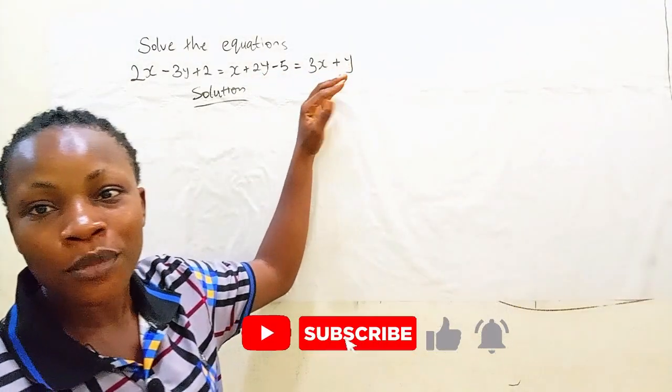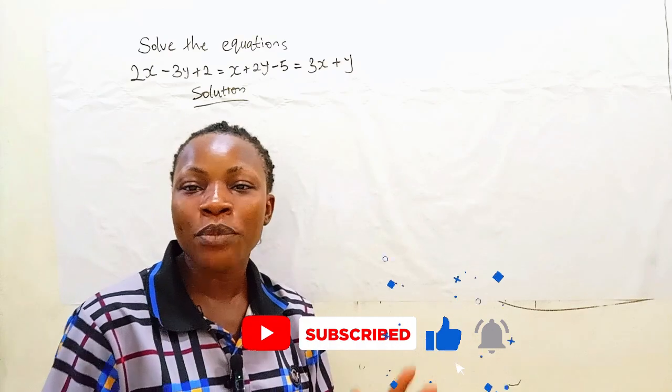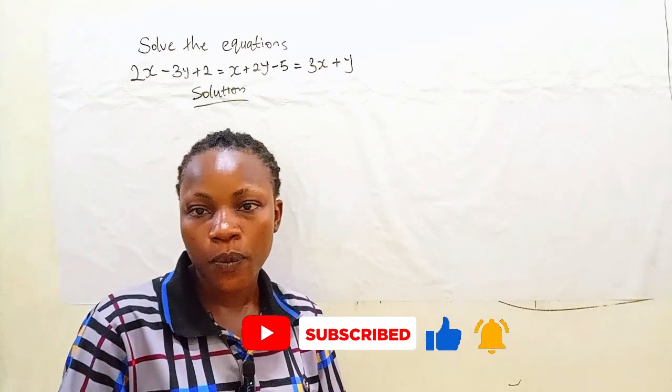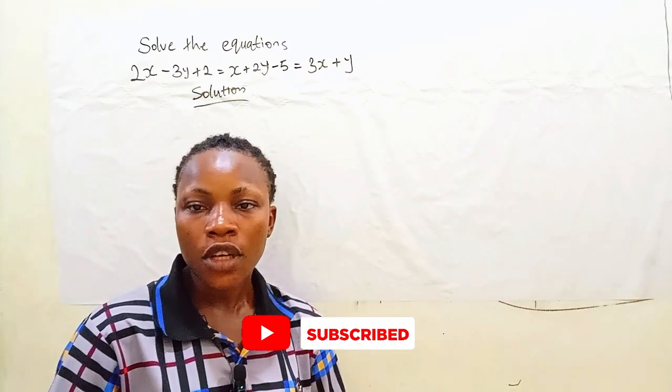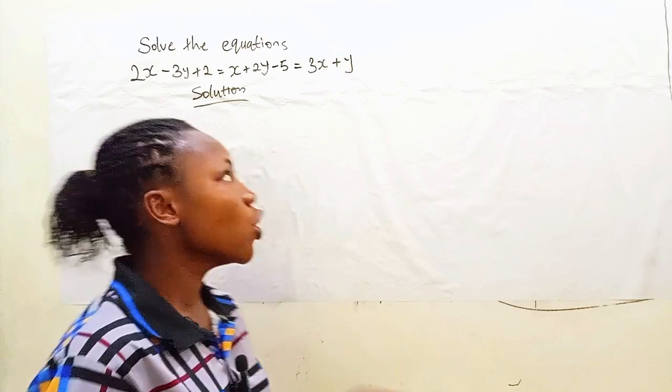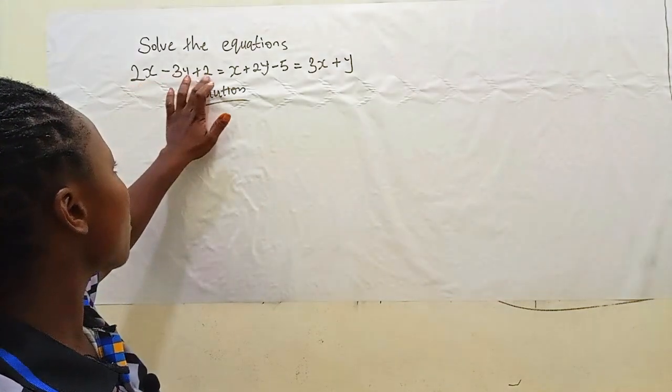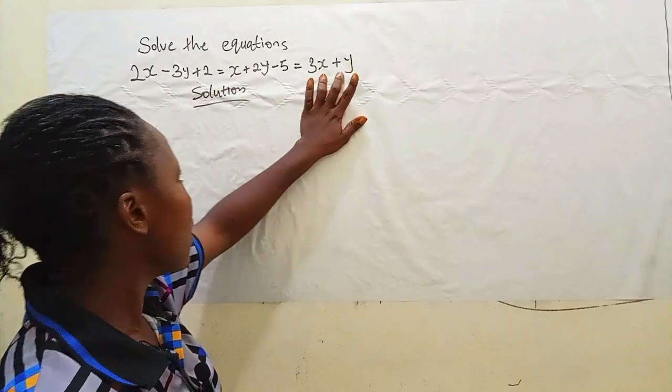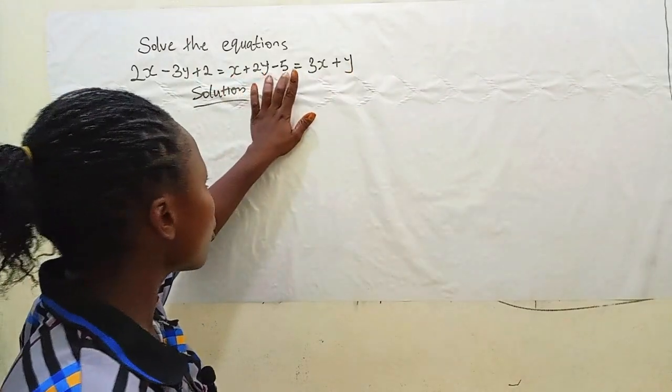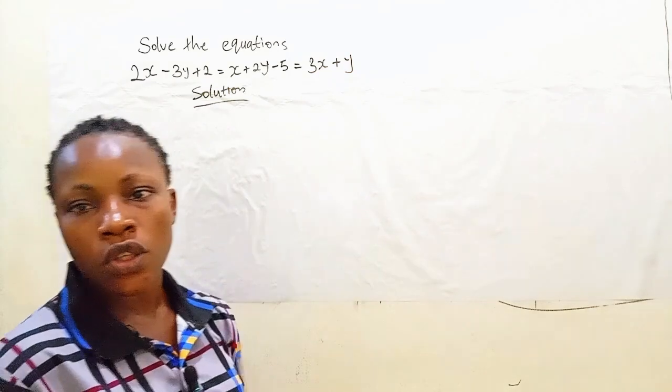All right, so from the equation we are given, we are to make out two equations from it. We are to equate this equation to this and also equate this equation to this. Then we can solve.